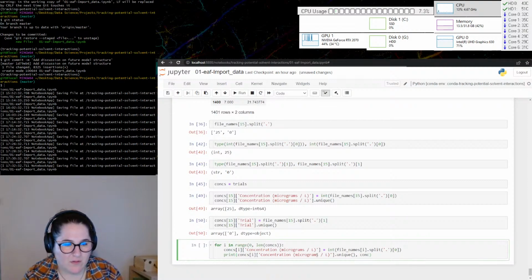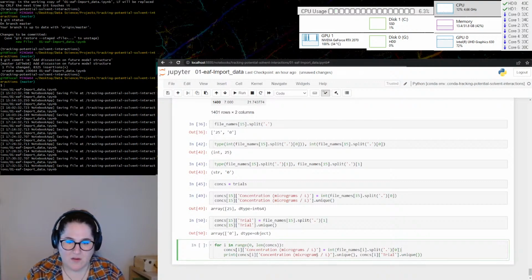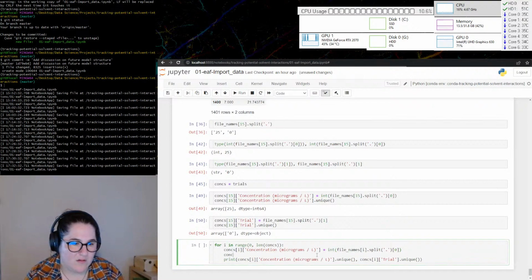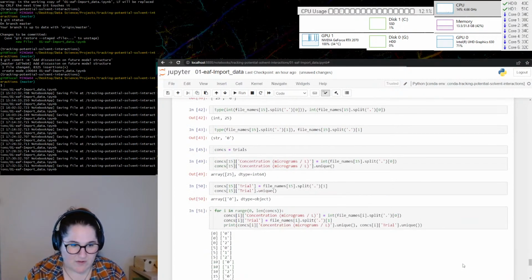Then we want to do conx I, and we want to print trial dot unique. Okay, conx I, we want the trial to equal file names I split on a period, that second value, and let's see what happens.